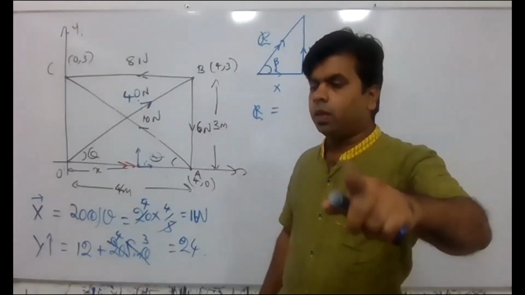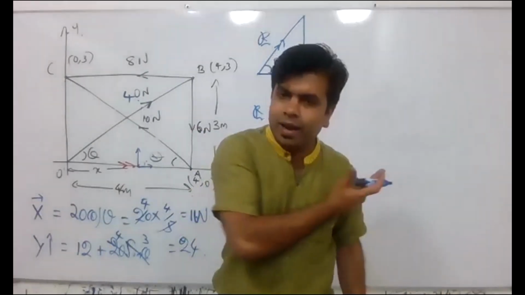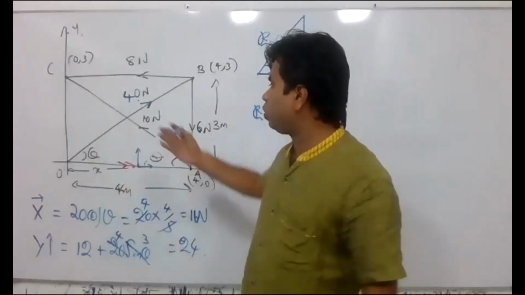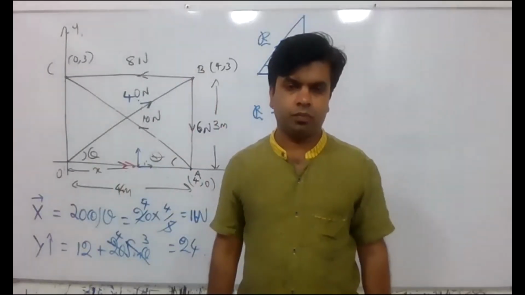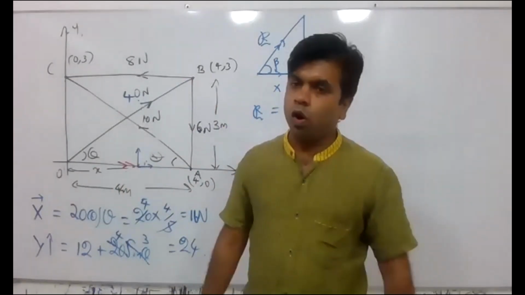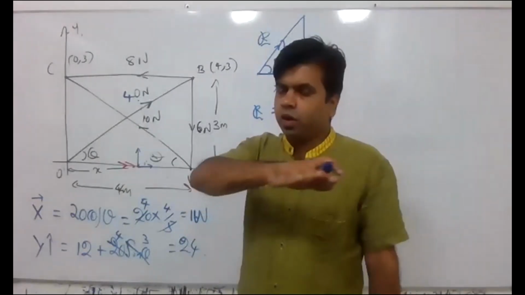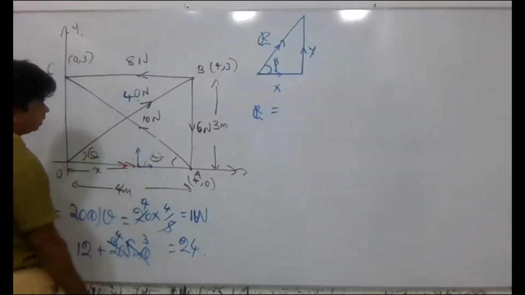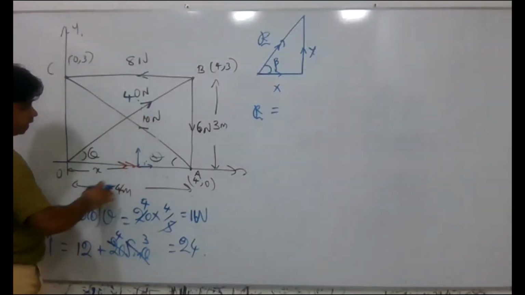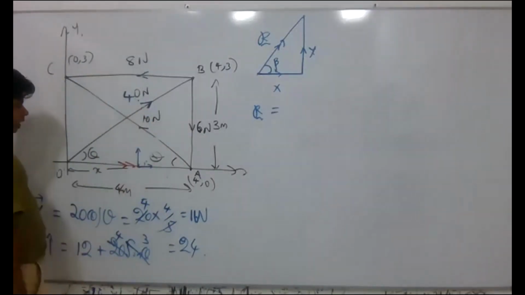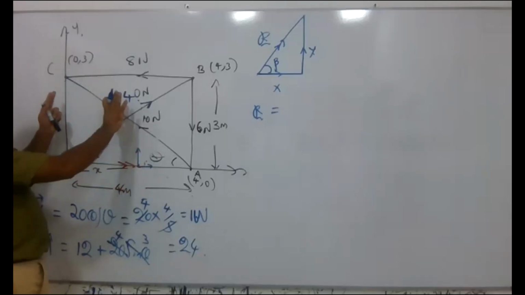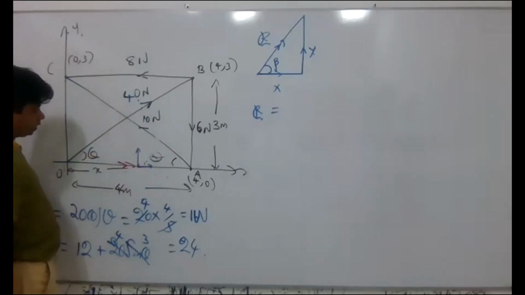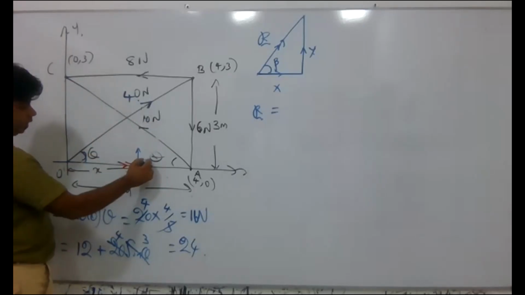Then you know that you gave an additional force of magnitude 20 Newton, clear? Then if you want to take the algebraic sum of the horizontal components, what do you have to write? You have to write 10 cos 30 negative, 8 negative, and 40 cos theta.